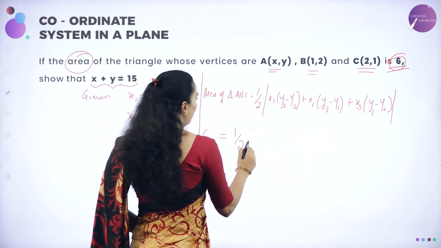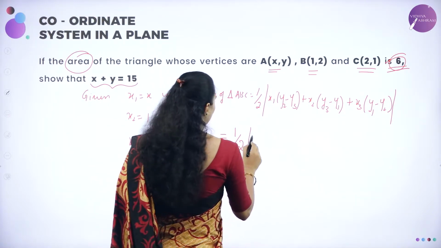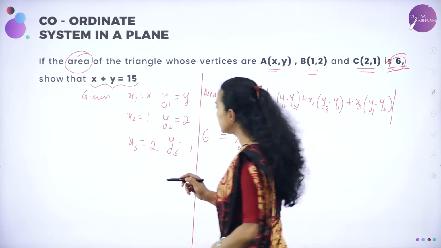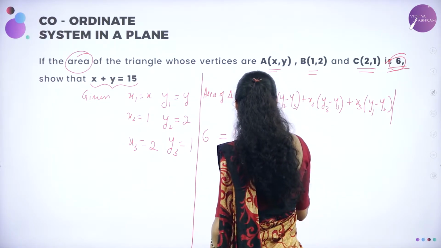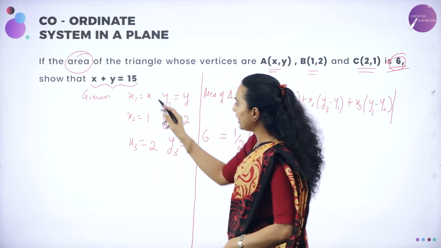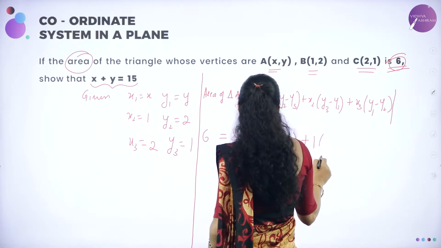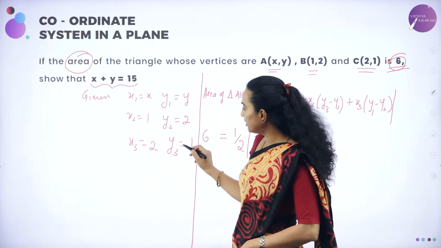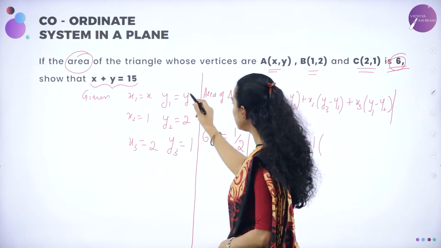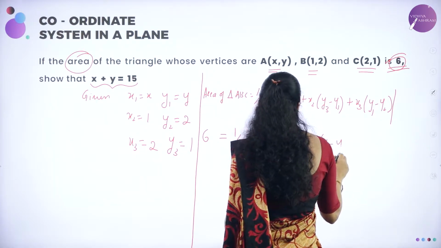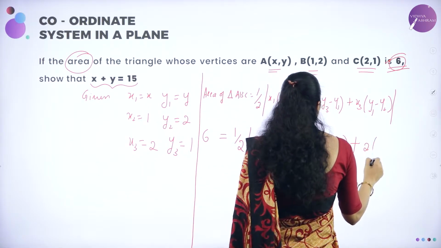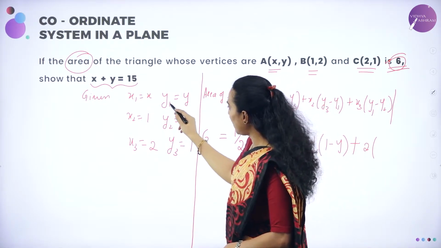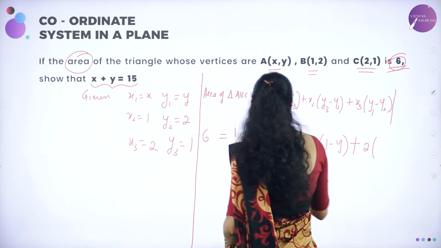Then let me substitute the values of A, B and C. Modulus of what? x1 is x into y2 minus y3, 2 minus 1, plus x2. The x2 value is 1 into y3 minus y1, that is 1 minus y, plus x3 value is 2 into y1 minus y2, which is y minus 2.